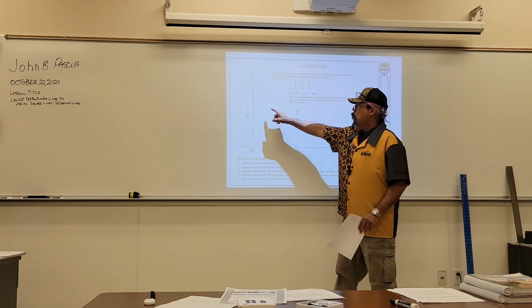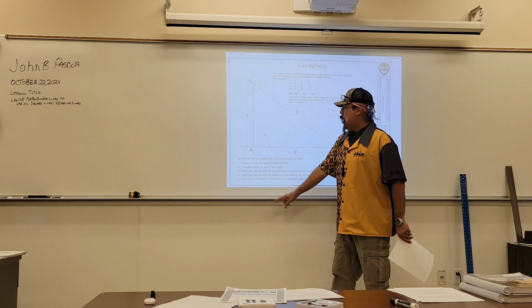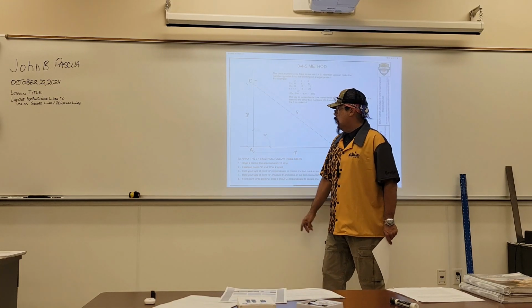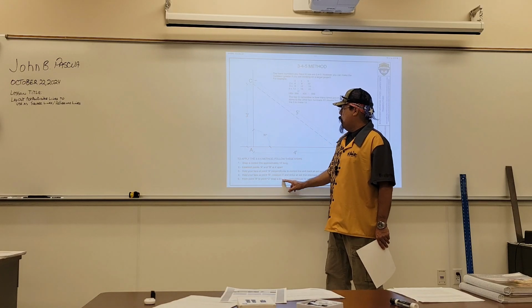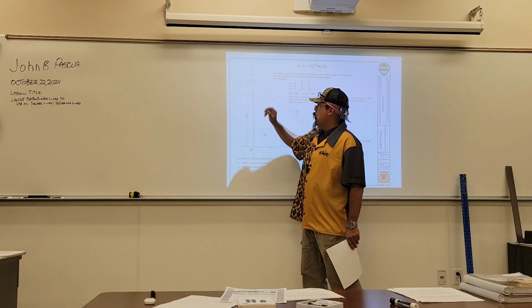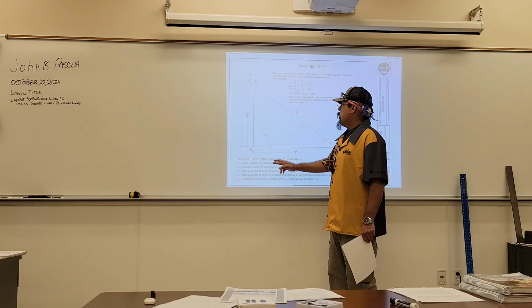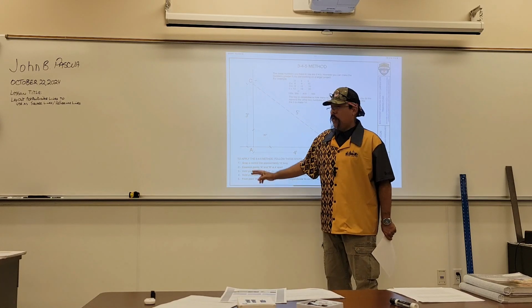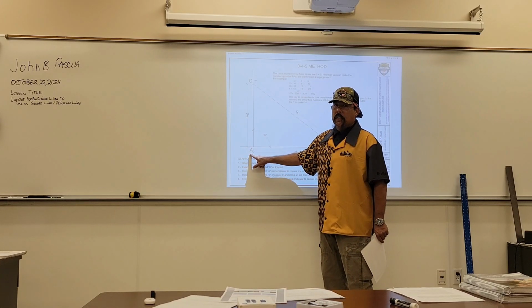This will establish point C, at which time we can move on to step 5. From point A to point C, snap a line through to intersect. If done correctly, we will have 90 degrees at this point.